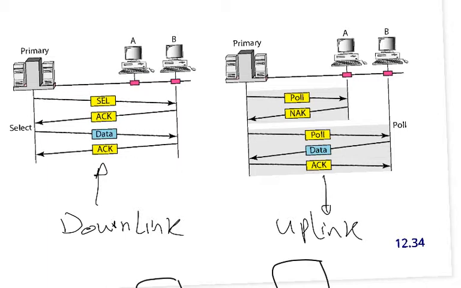So these are issues. Even though having a centralized or a primary node seems to be one of the cleanest and easiest ways, because when you have one controller, you can control things better.